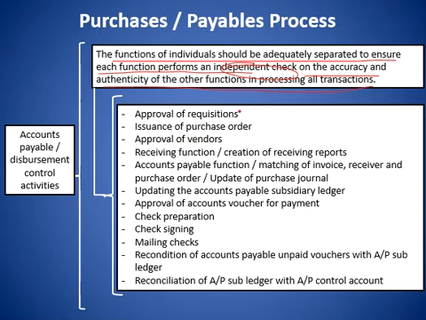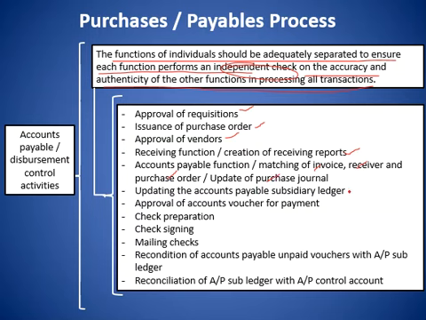And this would include approval of transactions, the issuance of the purchase order, the approval of vendors who we're going to buy things from, the receiving function and the creation of the receiving reports, the accounts payable function, including the matching of the invoice, the receiver, the purchase order, and update of the purchases journal.